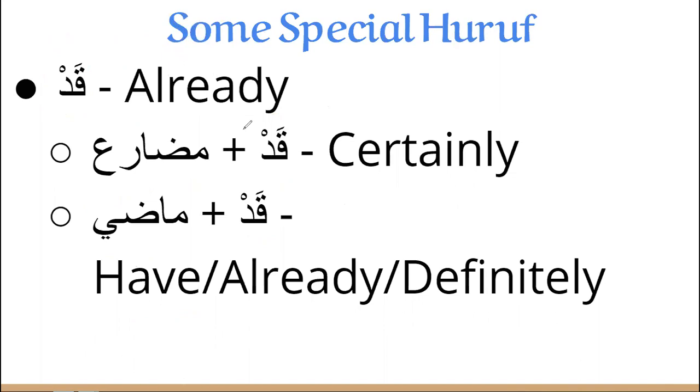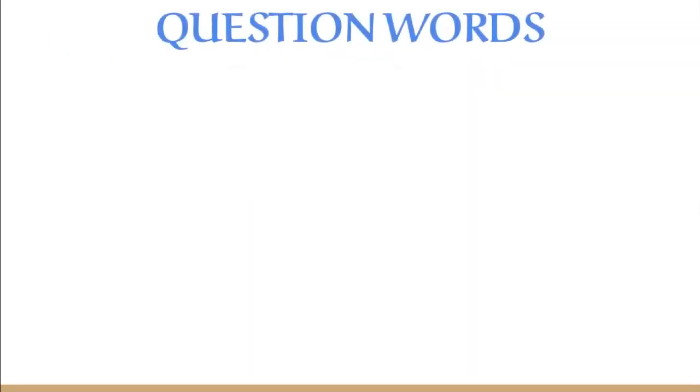And now we're going to learn about some other words. Those are question words. Our actual structure is done, brother. Our actual structure, like how Arabic works and how things are sorted out: ism, fail, and harf. We study all of those. We study jumla ismiya, jumla failiya. Everything is done.